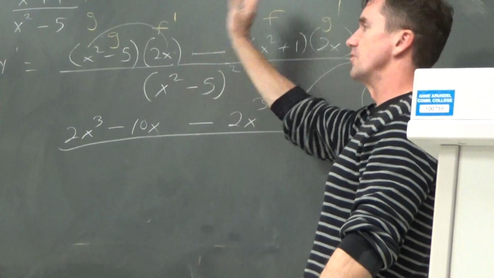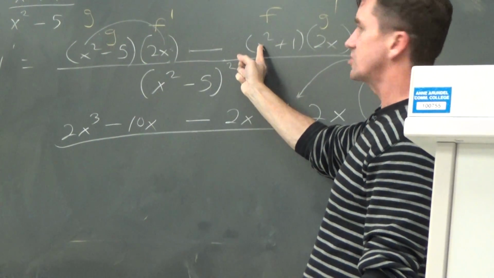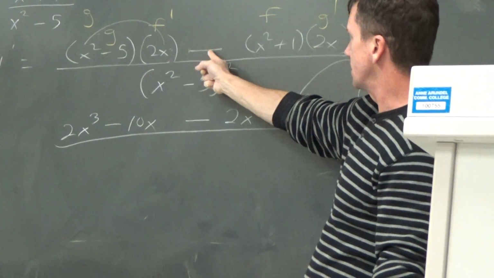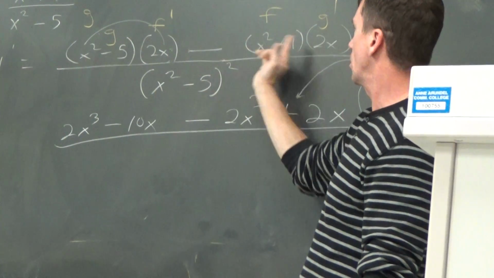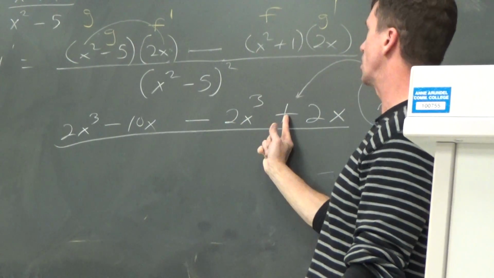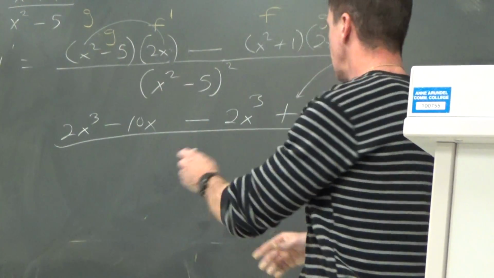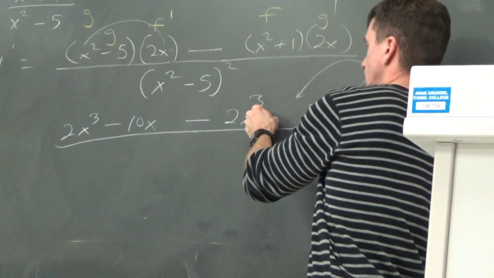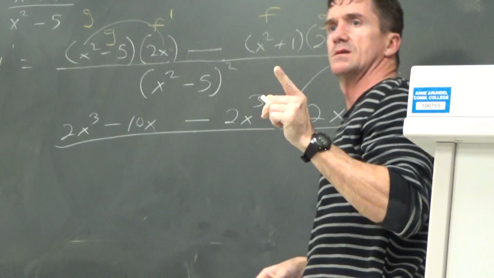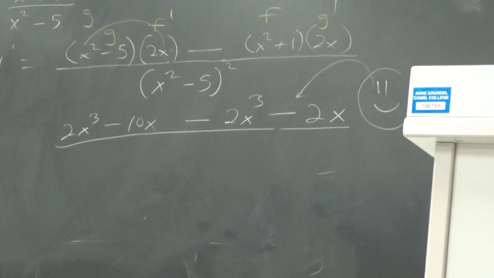We got the rule down, but there's something back from algebra days, the distributive property. You distribute this to this, but what's that? Negative. That's got to go to both parts. So you got a 2x cubed with a negative, but this would also be a negative 2x. Does everyone see that? It's called the distributive property. I know it's old school algebra, but it's the common error.